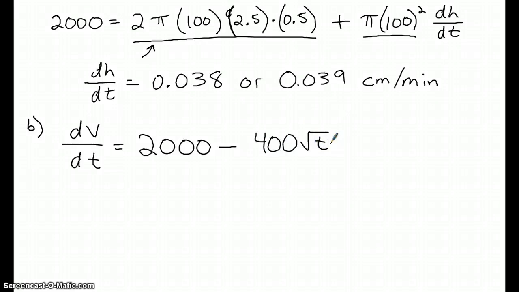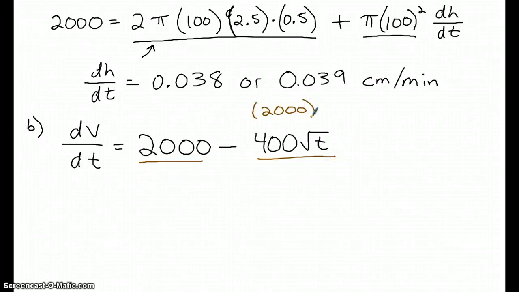And we haven't got into that much for this class yet, but we do know that when the derivative is 0, that indicates that there's a maximum or a minimum, because the slope of the tangent line is horizontal there. So we want to find out when dV/dt is 0. Well, we know that 2,000 minus itself would give us 0.